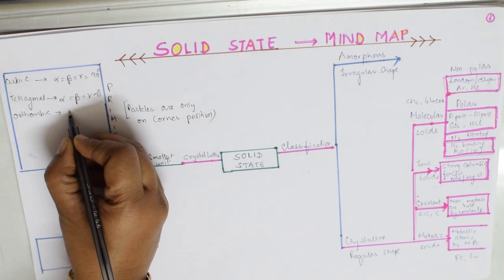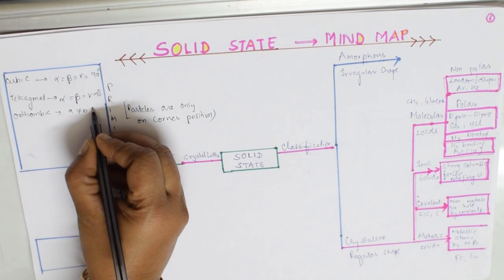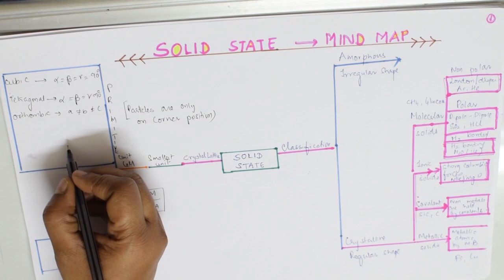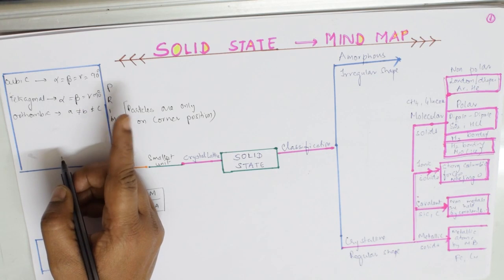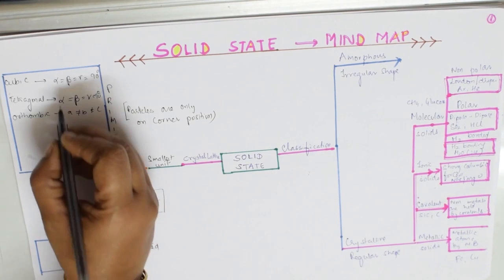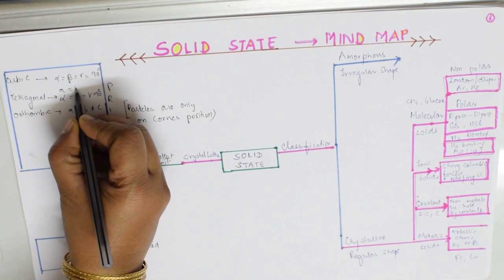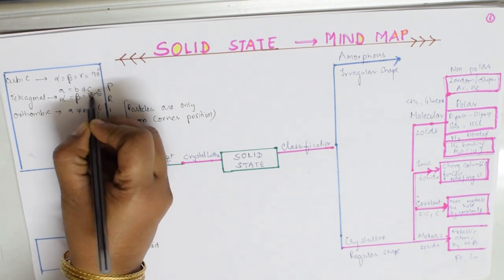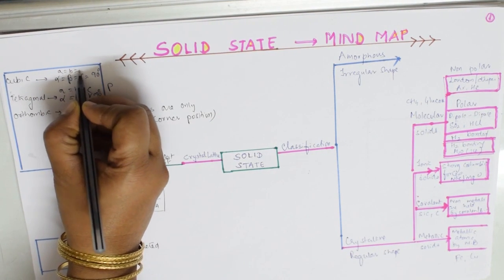In this, A is not equal to B is not equal to C. The angles alpha, beta, gamma are 90 degrees, but the edge length A is not equal to B is not equal to C. In tetragonal, A is equal to B is not equal to C. In cubic, A is equal to B is equal to C.